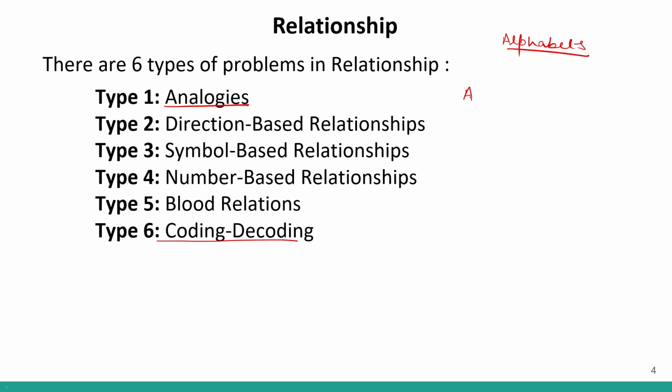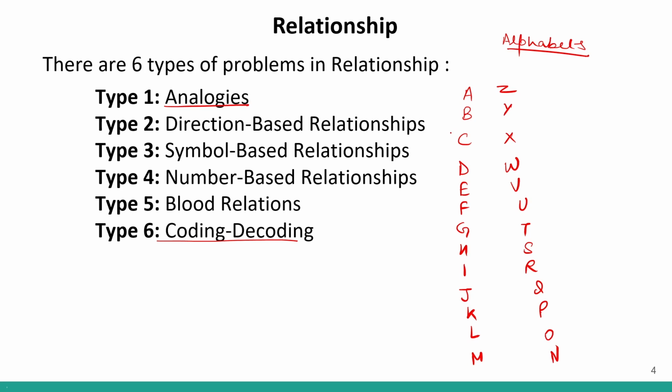So alphabets are A, B, C, D, E, F, G, H, I, J, K, L, M, and then I will write it like this: N, O, P, Q, R, S, T, U, V, W, X, Y, Z. These are your alphabets, right?